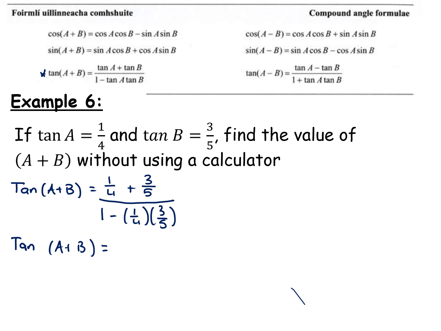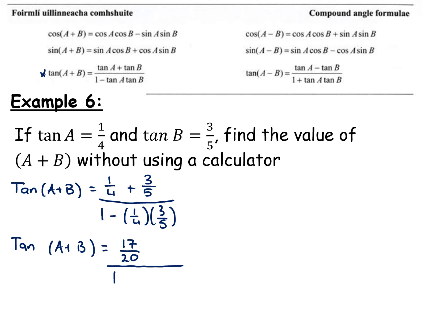Is equal to, now a few different ways that you can approach this. If you want to do at this point lowest common denominator and add them, that's absolutely fine. So that's 5 plus 12, so that gives us 17 over 20. You can stick that into your calculator if you prefer.